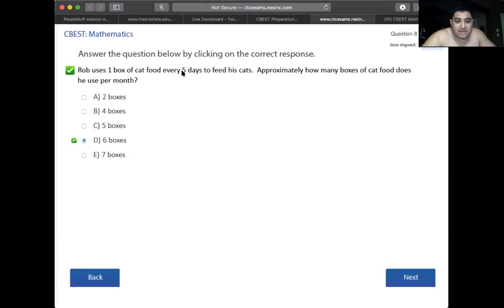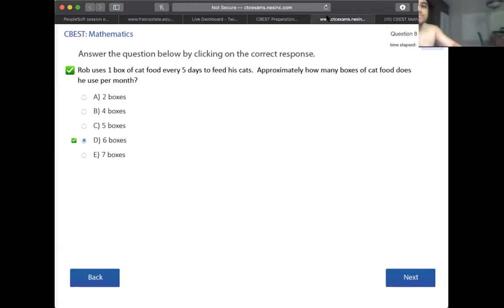So if we divide one box per 5 days and 30 days, so 30 divided by 5 is 6. So she uses one box per 5 days, then she should use 6 boxes, if that makes sense.